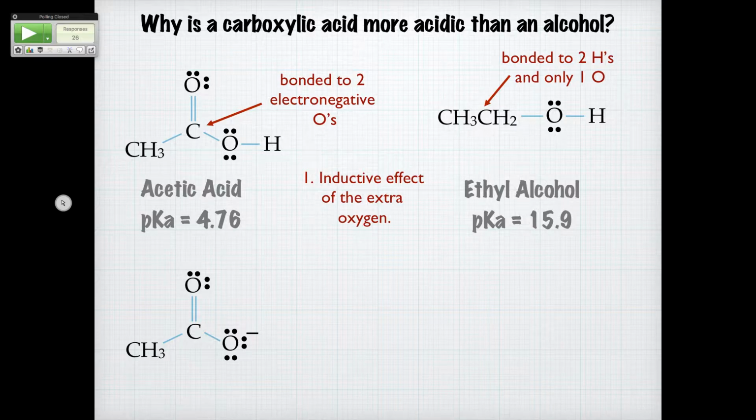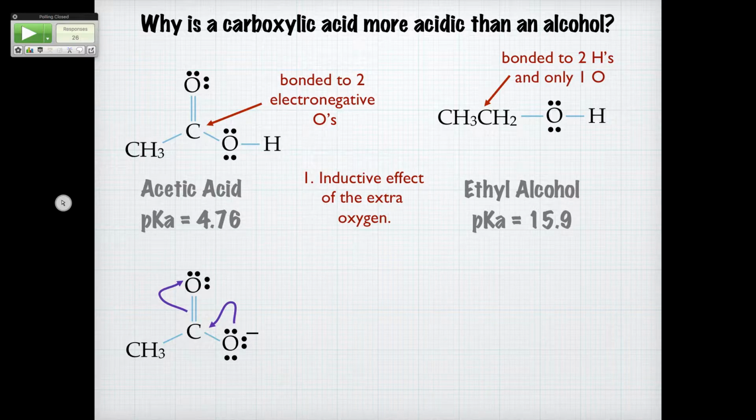What can you tell me about that? Anybody see something about it? Over here we got a double bond, and over here we got a negative charge. Can't I do that? What is that called? Delocalization of electrons?